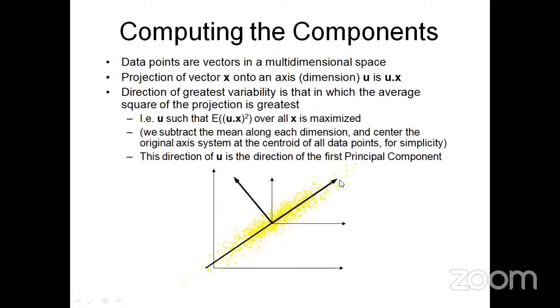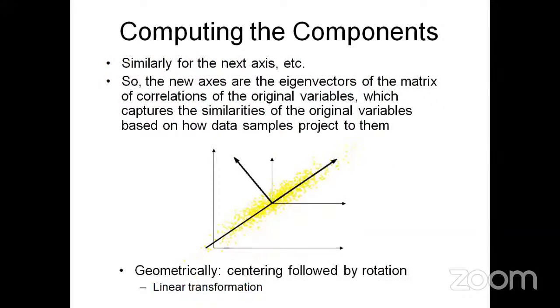So usually this is the first principal component, and the others are all orthogonal to each other. Similarly for the next axis and so on. So the new axes are the eigenvectors of the correlation matrix of the original variables, which captures the similarities of the original variables based on how data samples project to them.